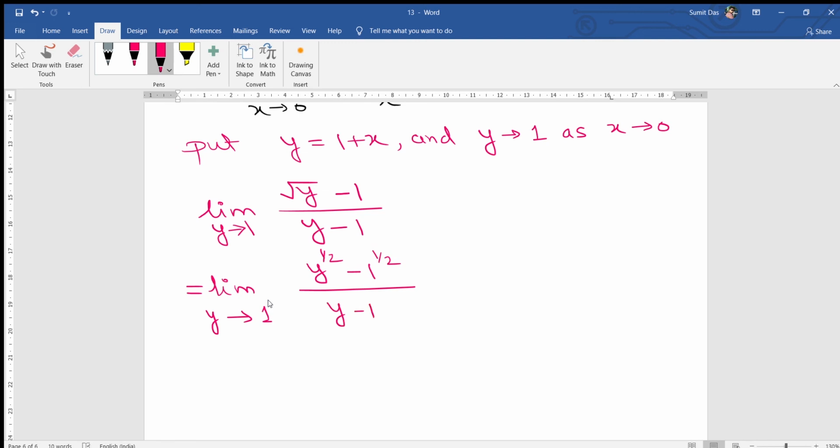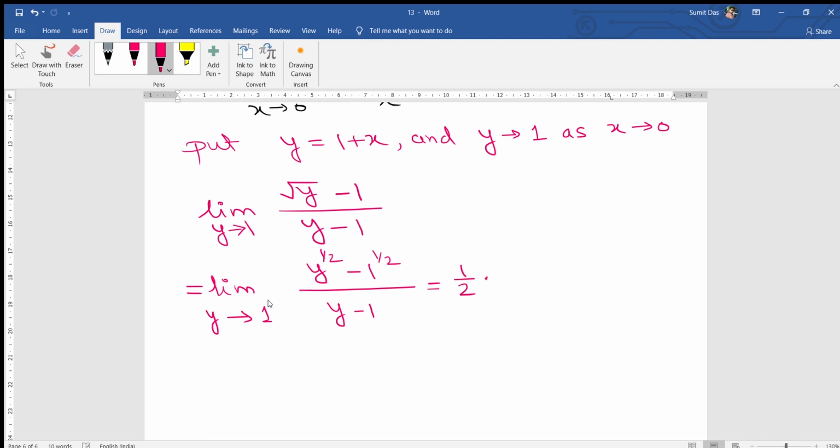So we can see limit x tends to a, x to the power n minus a to the power n divided by x minus a, which is equal to n a to the power n minus 1. What is n here? Half.